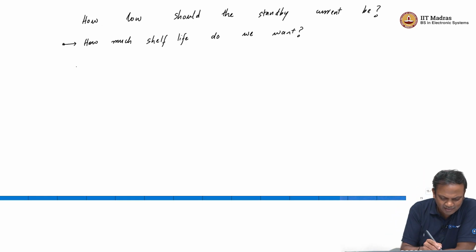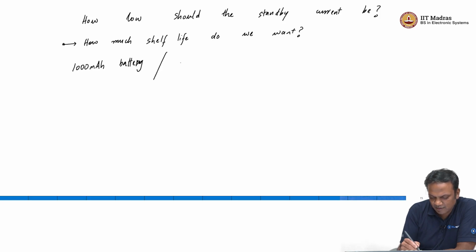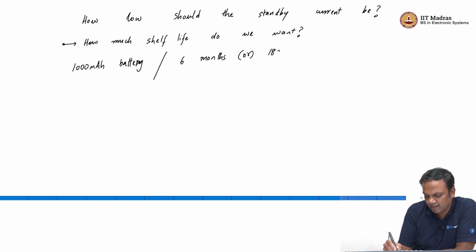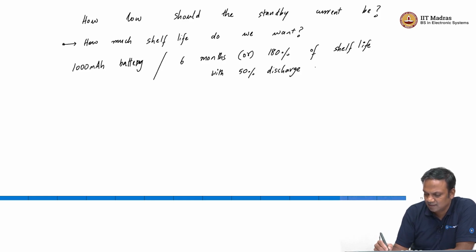So, let us say, for simplicity's sake, I have a 1000 mAh battery and I want 6 months or 180 days of shelf life, with 50% discharge, I am willing to accept 50% discharge in 180 days, right.